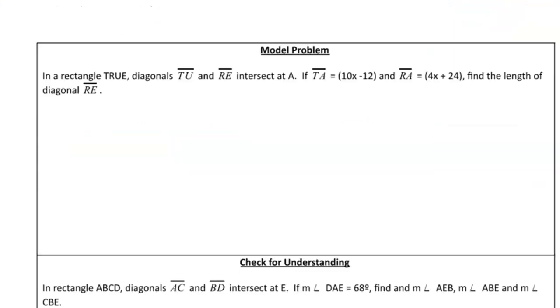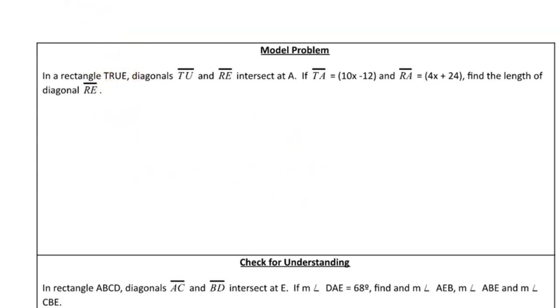All right, moving on. In this model problem, it tells you that in rectangle TRUE, which spells out a specific word, diagonals TU and RE intersect at A. And they give the measurements of TA and RA and then ask you to find the length of the diagonal. Well, the first thing to do is draw this diagram, remembering that when you're drawing a quadrilateral, you follow these letters sequentially around the shape.